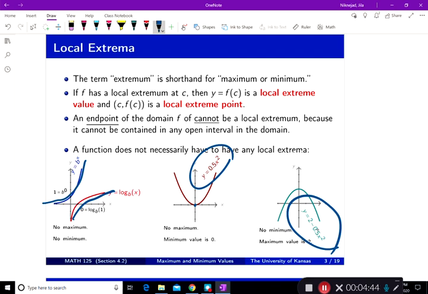These have a local min and absolute min, as we discussed. This one has a local min and local max and absolute max, but no absolute min. The local min is over here and the local max is over here, at x equals 0 and x equals 2.